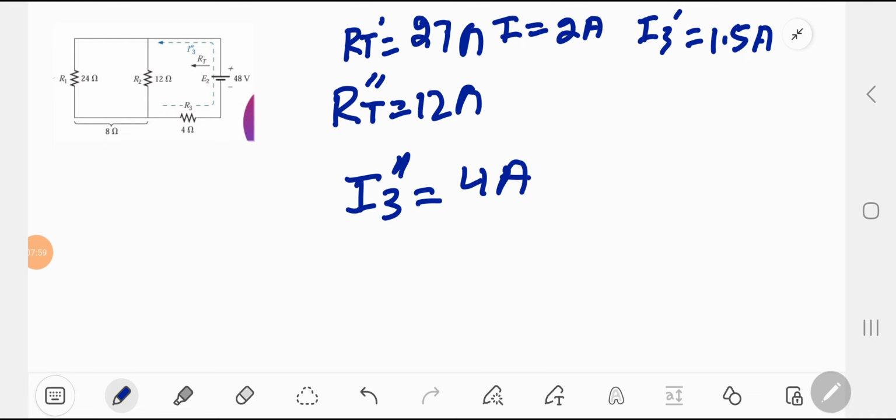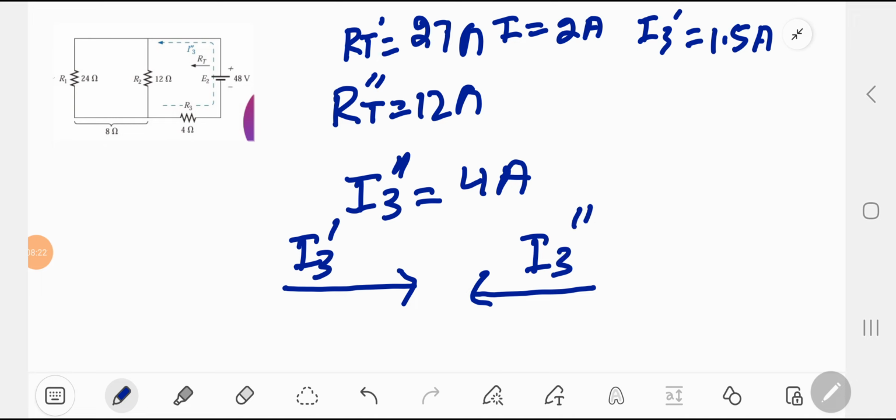Now if we look into the whole circuit, these two currents are actually opposite to each other. For example, the I3 current is opposite to the I3 current with the effect of the E2 potential.